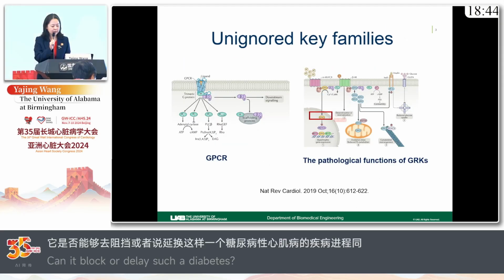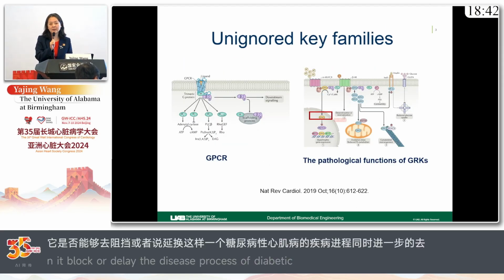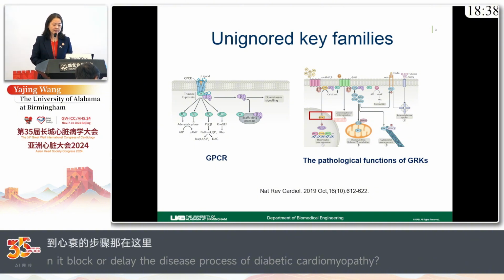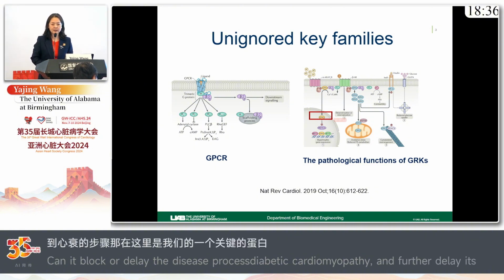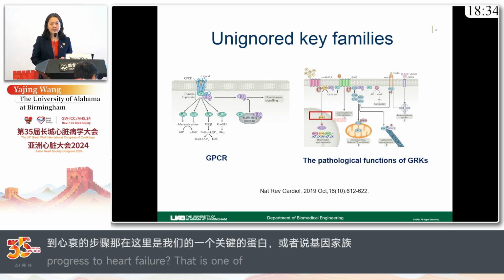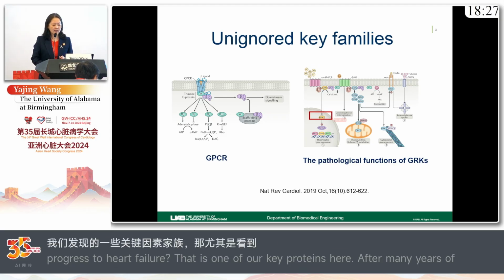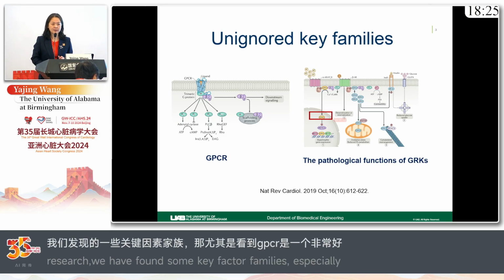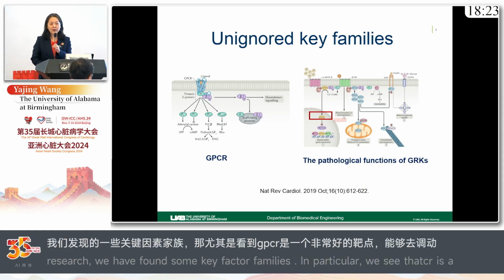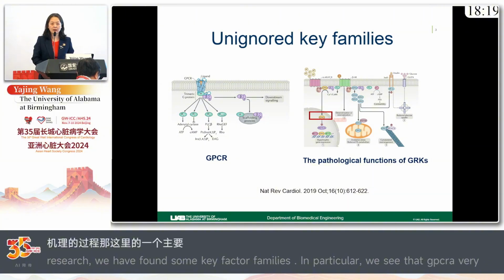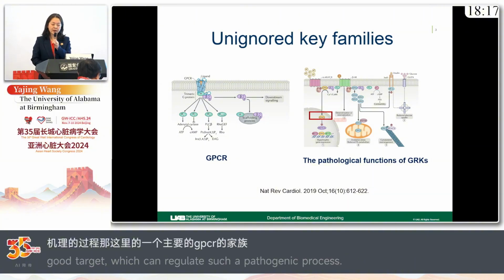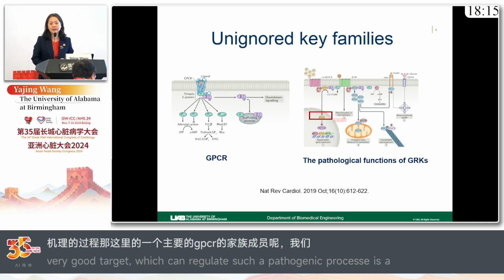However, there are many unknown key families in this process. After so many years, researchers found that the GPCR family is a very good and strong target to modulate and slow this process down. One of the major GPCR families we identified can be modified by the GRK families.